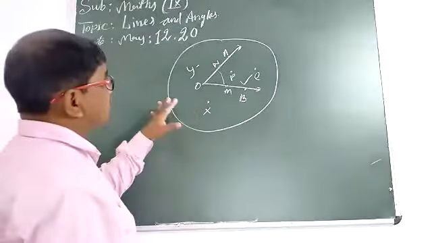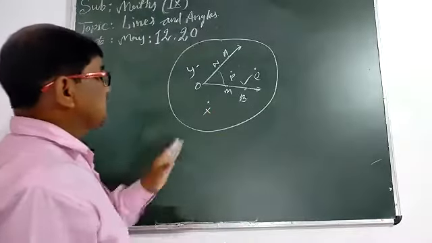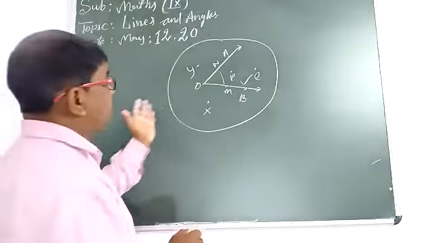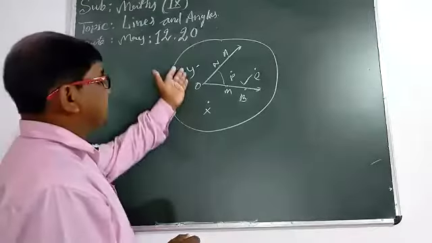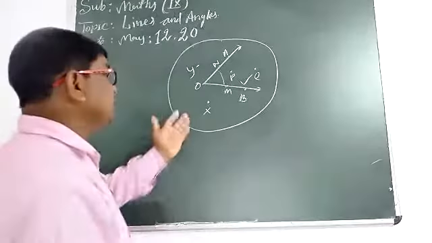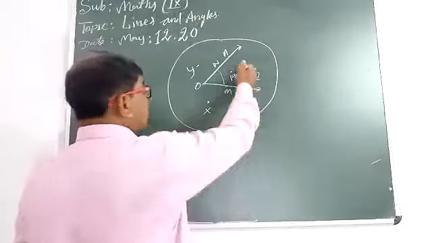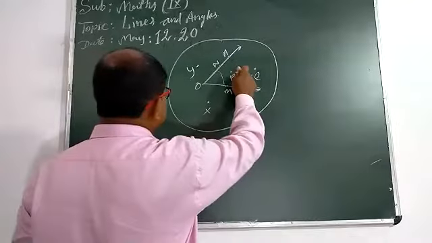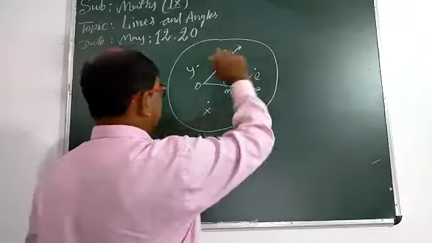So here are 3 classes of points. We can divide the points into 3 classes. The points outside of the angle are exterior points. The points inside the angle, the angular region, are interior points.